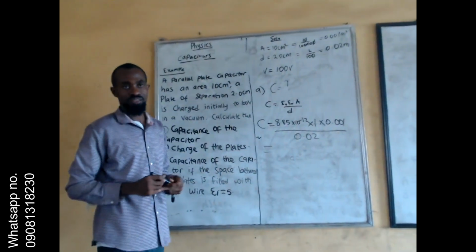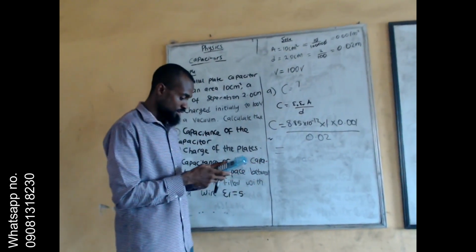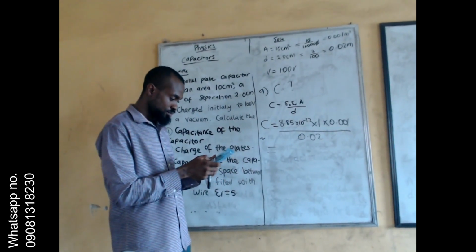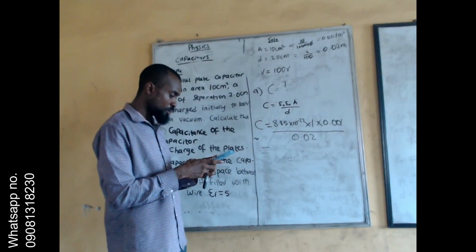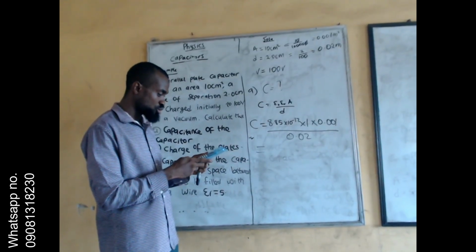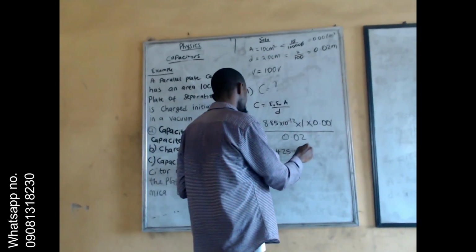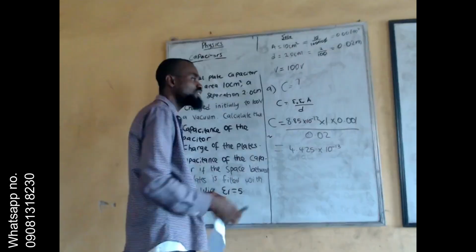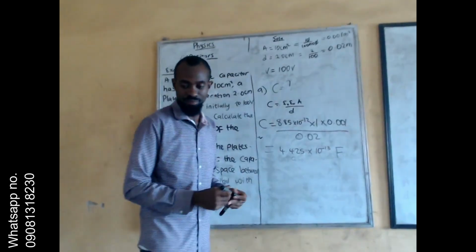So we press out the value and get the answer: 8.85 times 10 raised to the power minus 12 times 0.001 divided by 0.02 is 4.425 times 10 raised to the power minus 13. The unit for capacitance, as you know, is farad.